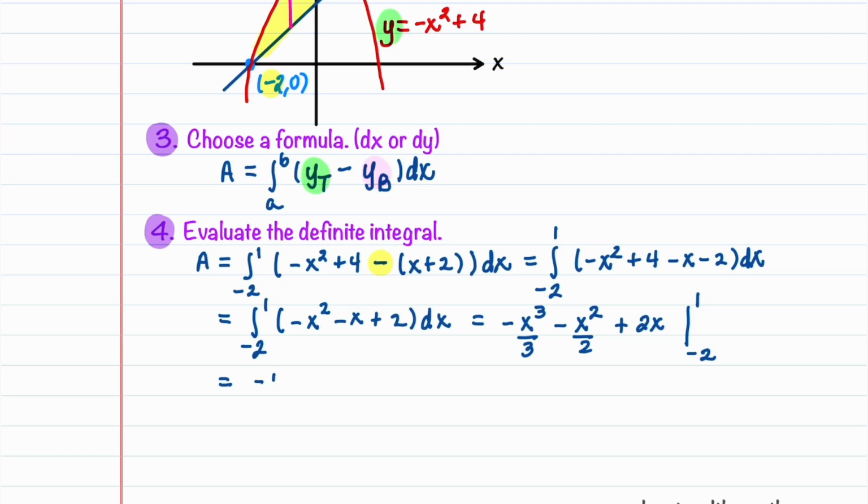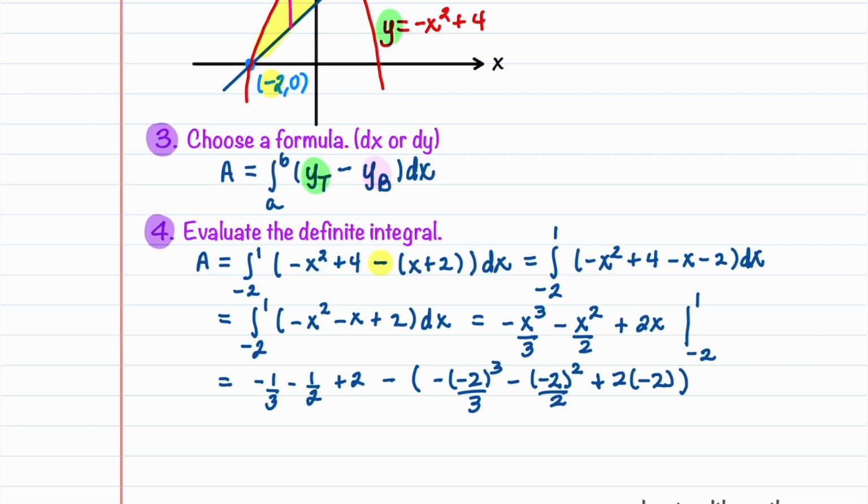This gives us minus 1/3 minus 1/2 plus 2. And then we're going to subtract off minus a minus 2 cubed over 3. We have a lot of negatives there. Minus a minus 2 squared over 2 plus 2 times minus 2.